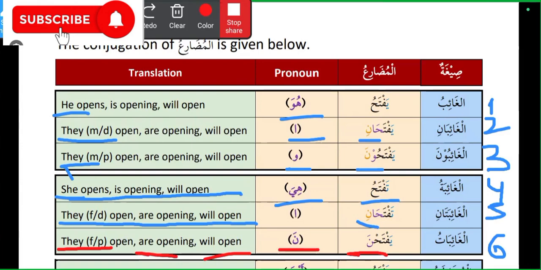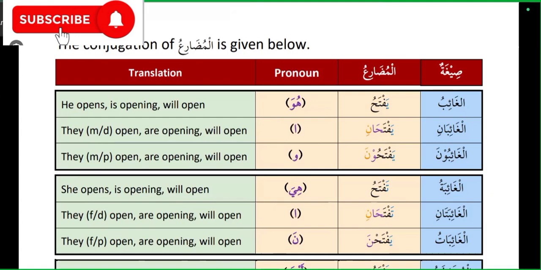Keep in mind that noon niswa cannot be changed or dropped in any circumstances. So this was for the first six sigas of al-ghaib: yaftahu, yaftahani, yaftahuna, taftahu, taftahani, yaftahna.